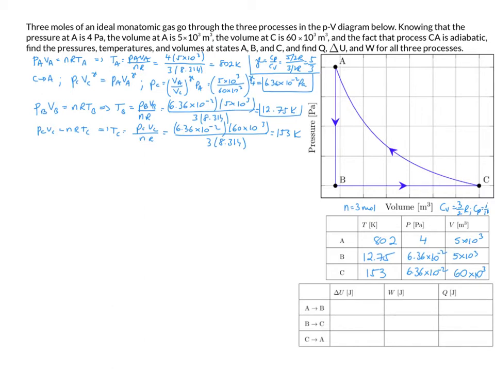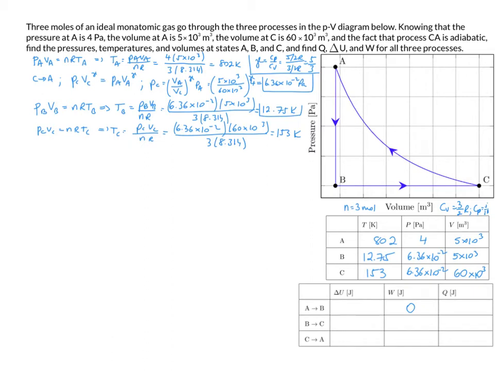Now we have to do the second table. Let's see what we know about it already. So we know that process AB is isochoric. We know that in an isochoric process, work is 0 because it would be the area under the curve, and there is no area under the curve. So I know that for process AB, work is 0.